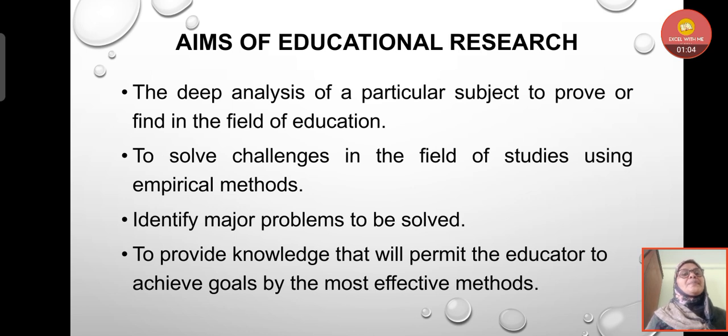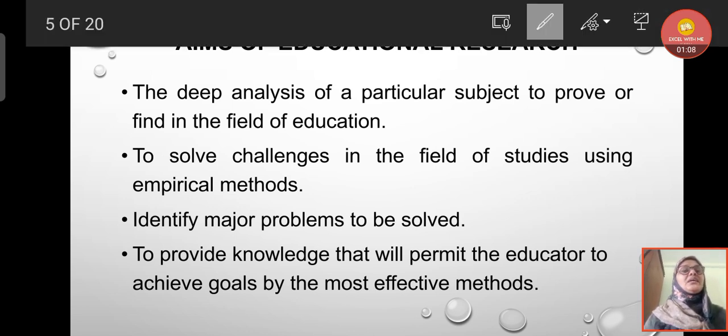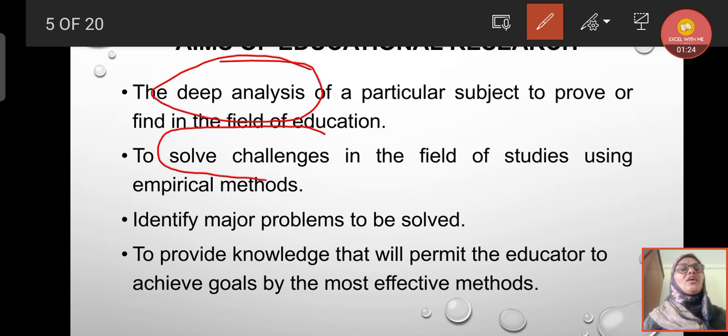Now, what are the aims of educational research? Quickly understand the keywords here. First, deep analysis. What is the aim of educational research here? Deep analysis of a particular subject to prove or find something in the field of education. Now, the second keyword is solve challenges. Same in the field of studies, using empirical methods.